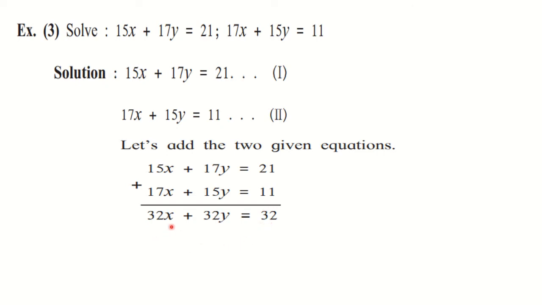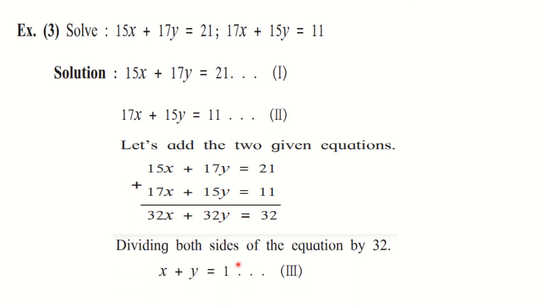After adding, we got the answer, and what we can observe here is that this number 32 is present everywhere. So we can reduce this equation further. If we divide both sides of the equation by 32, we will get a simplified equation. Let us divide this equation by 32, and the simplified equation we will get is x plus y is equal to 1.